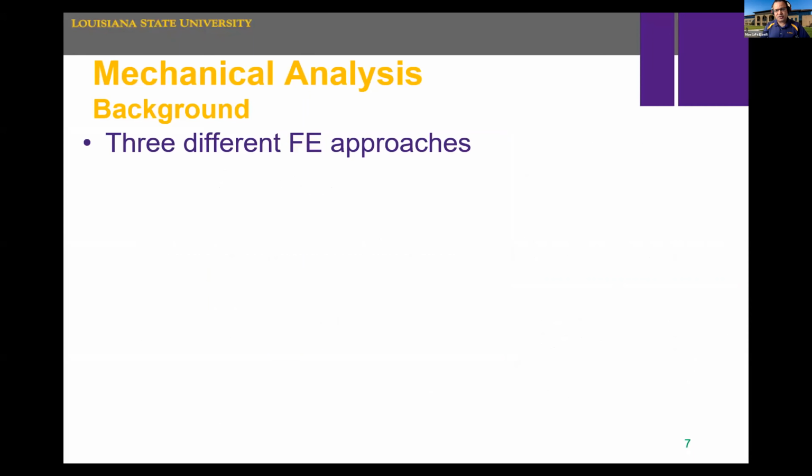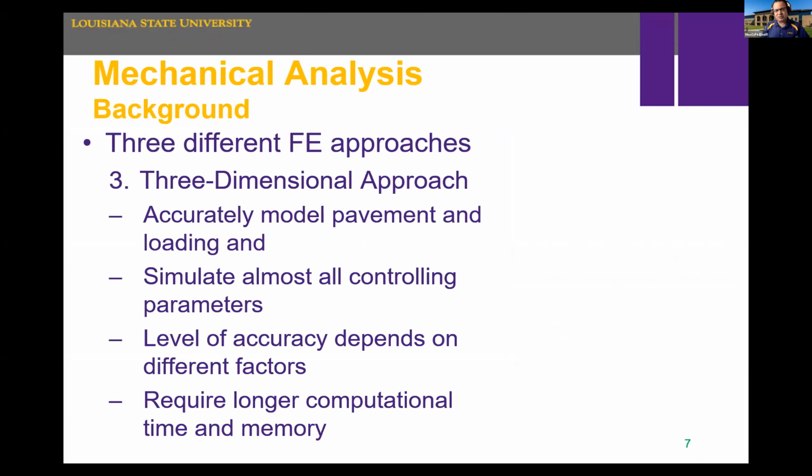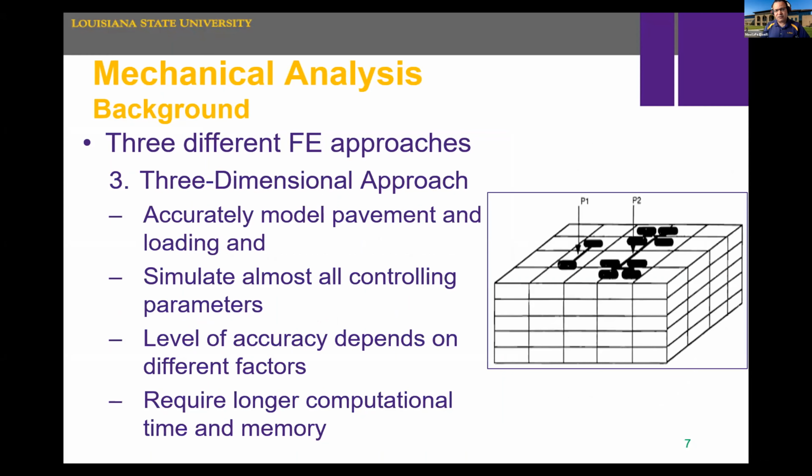The third approach, which is the three-dimensional approach, can account for pretty much everything. It can account for the speed, for dynamic loading, and for the interaction between the layers. So it's a very powerful tool when it comes to pavement analysis.